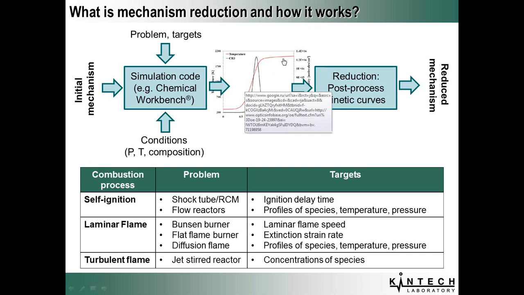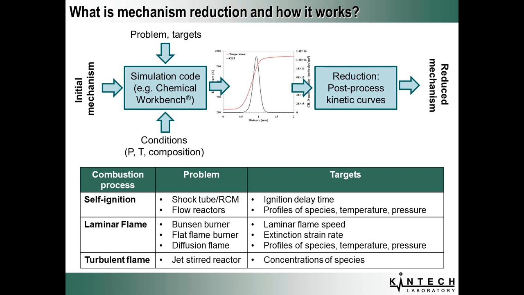And based on these kinetic curves, the reduction methods make some analysis of these curves and make a conclusion about the necessity of species and reactions. And if they conclude that these species or reactions are unimportant or unnecessary for your specific problem at your specific conditions, then they remove these species and reactions from the mechanism. Thus you can obtain the reduced mechanism.